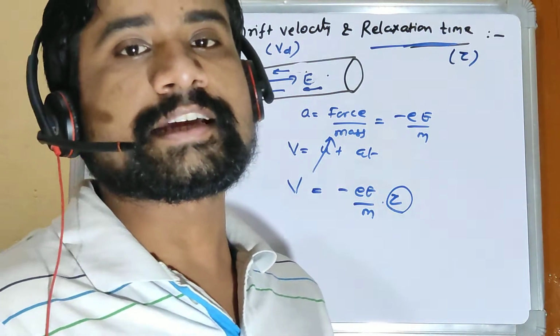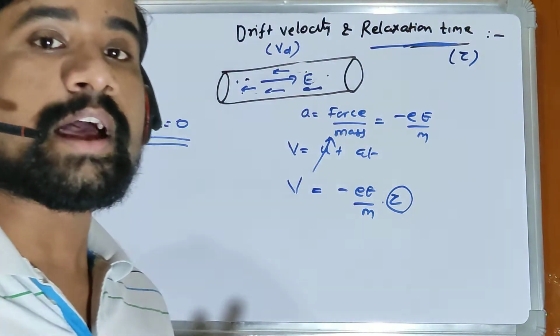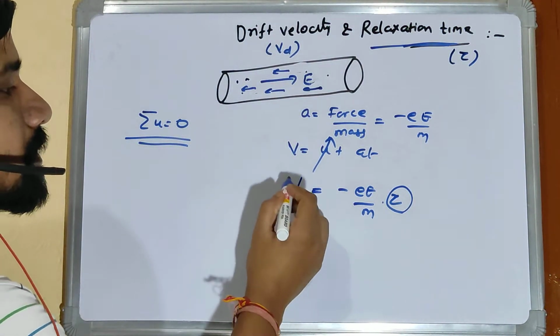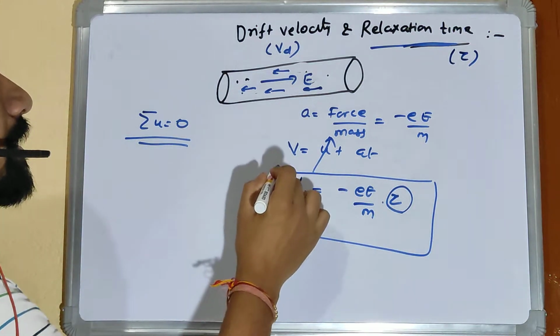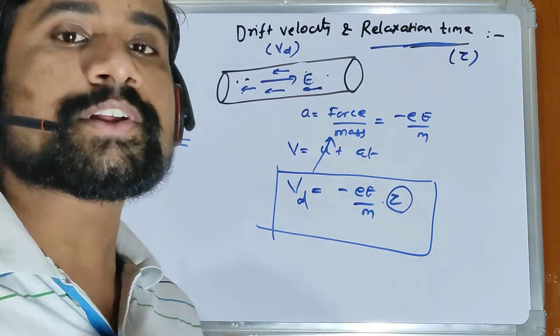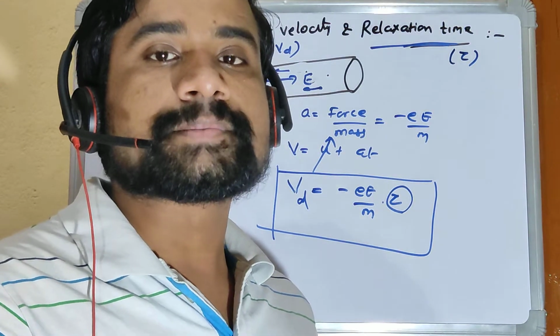Tau is the relaxation time. We are talking about successive collisions, average time, and hence this velocity becomes the average velocity. So this is the expression for drift velocity. Drift velocity is the average velocity of an electron in presence of an electric field or potential.